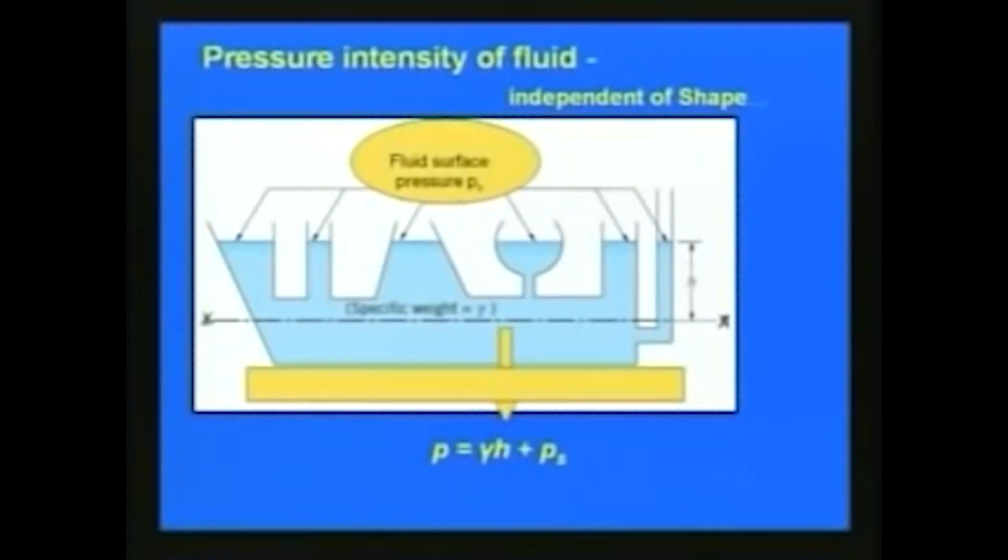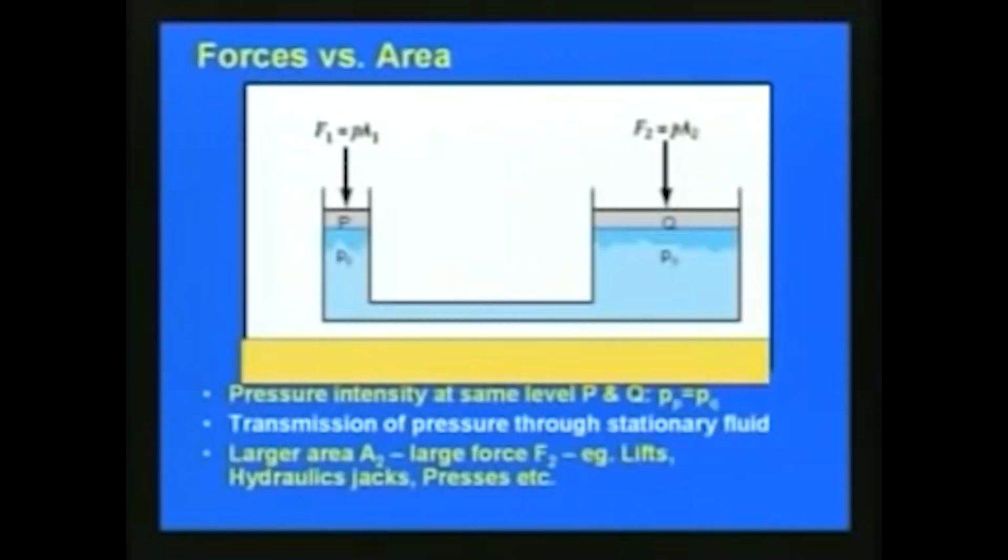As we have seen in the last lecture, the pressure intensity of a fluid is independent of shape. As you can see here, it is the same on this x-axis line, and then we saw the applications of the concept of force versus area. Here the force F1 on this side is P into A1, and on the other side F2 is equal to P into A2.